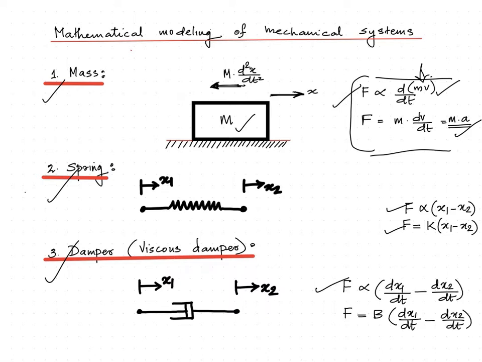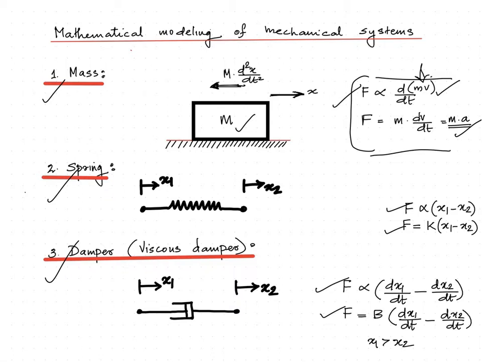Hence, we can write F is directly proportional to dx1 by dt minus dx2 by dt, since we need to consider the net velocity. Hence, F is equal to a constant b into dx1 by dt minus dx2 by dt, if the two ends of the damper are moving through x1 and x2 units, assuming x1 greater than x2.